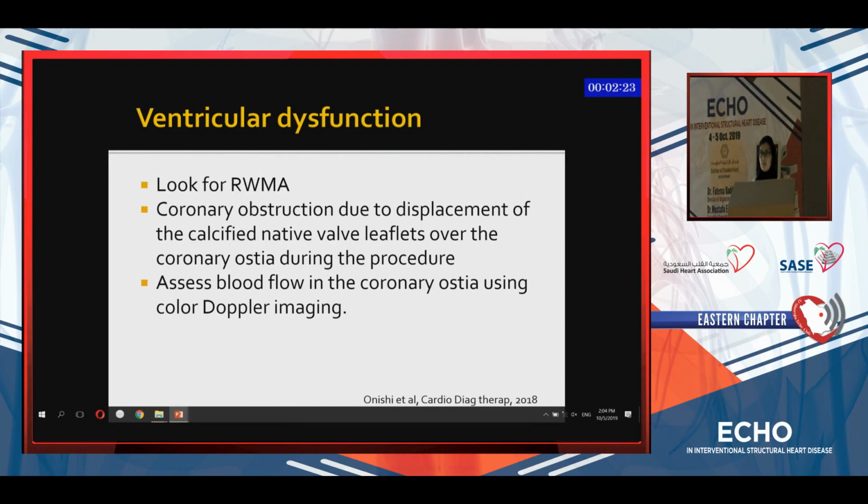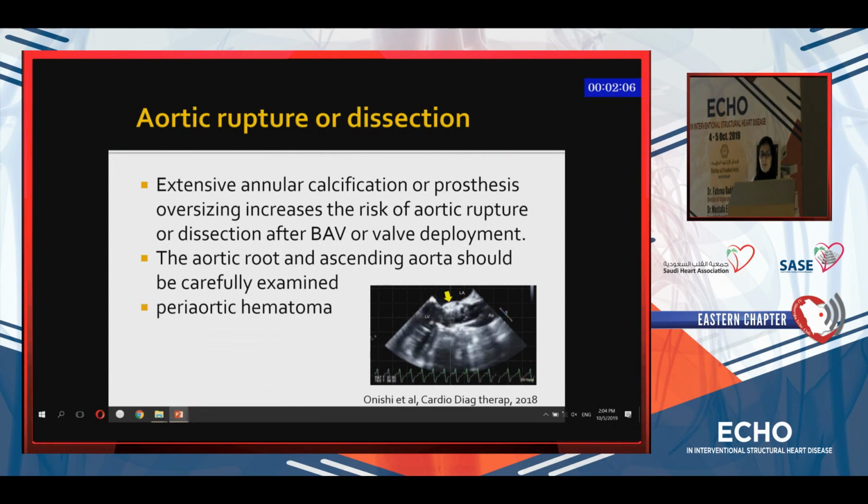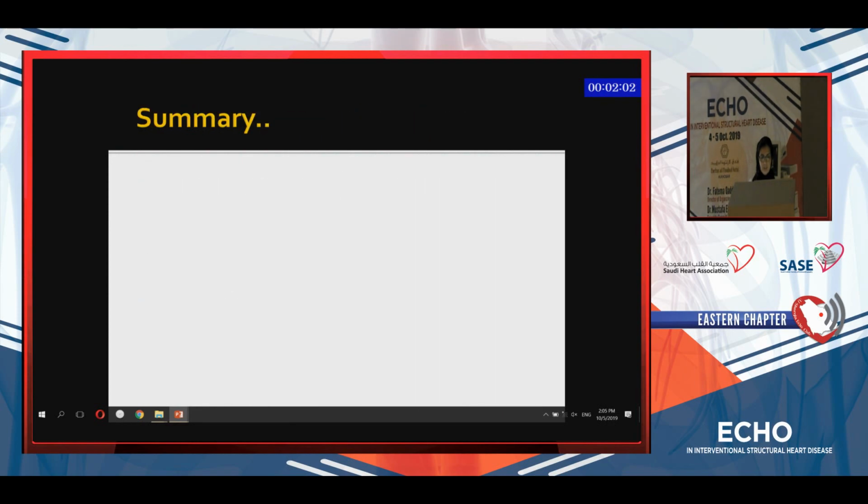So you can assess the blood flow in the coronary ostia using color Doppler. Lastly, just a couple more slides, we're going to look at aortic rupture or dissection, which could occur. The things that you should be looking for are the presence of periaortic hematoma or aortic dissection.